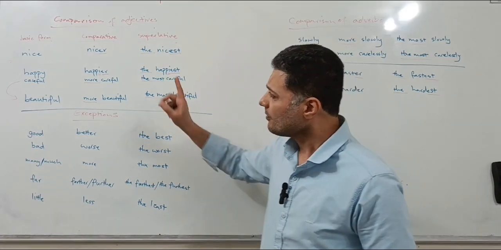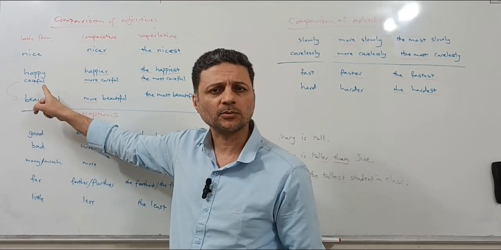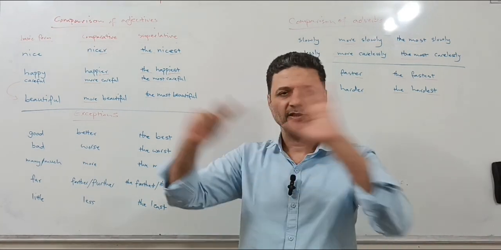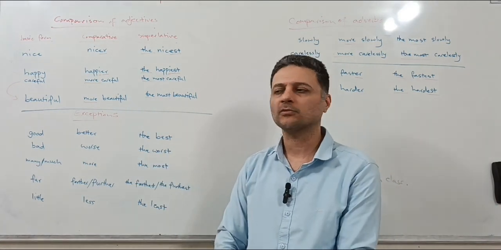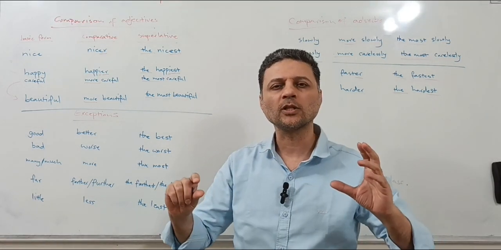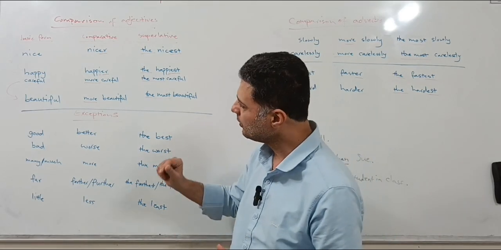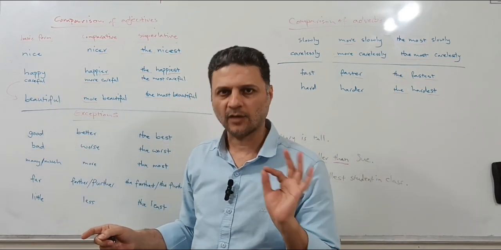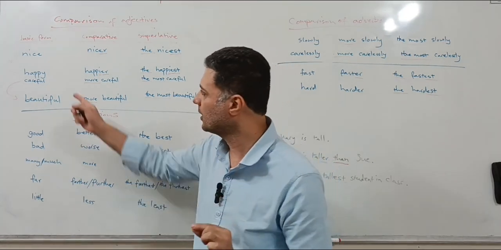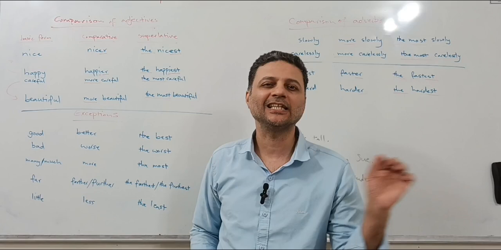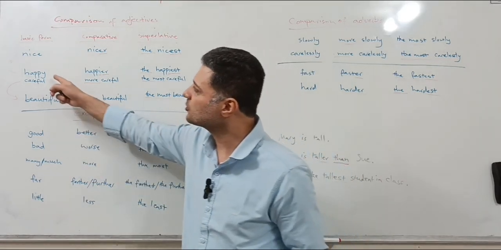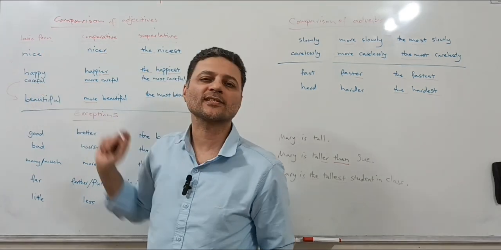Now, let's get back to the adjective of 2 syllables. What happens to the adjective of 2 syllables? Well, this is a general rule. Of course, grammarians and linguists have different opinions about this, but this is a general rule made easy for you. How? Well, if adjectives of 2 syllables end in y, like happy, like crazy, like lazy, we treat them like adjectives of 1 syllable.